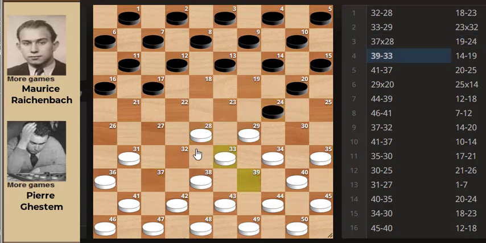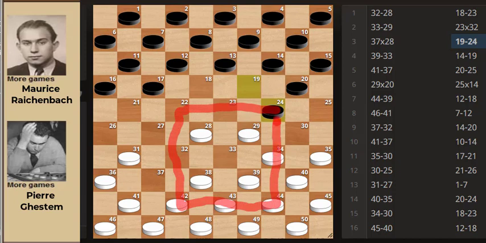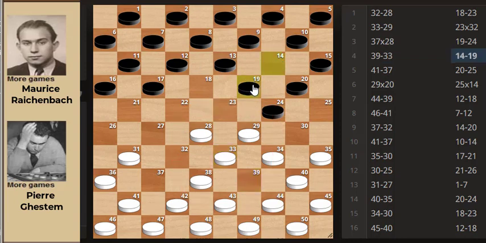Now Morris played 19-24. If we draw the square, 19-24 can play 39-33. So Morris played 14-19.